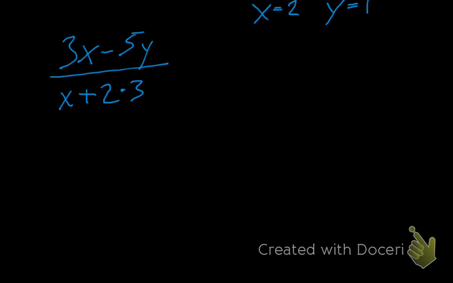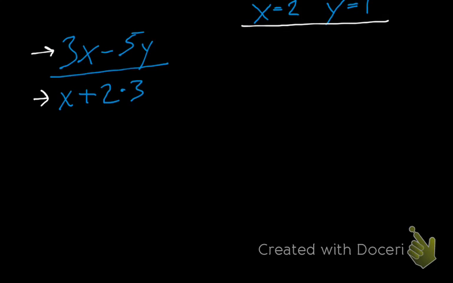All right. So this starts to look almost high school level, but really it's not so bad. We've got a variable expression in the numerator, and a variable expression in the denominator, and the instructions tell us that x is 2 and y is 1.